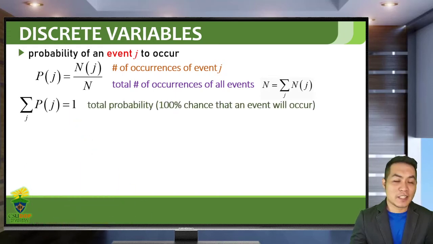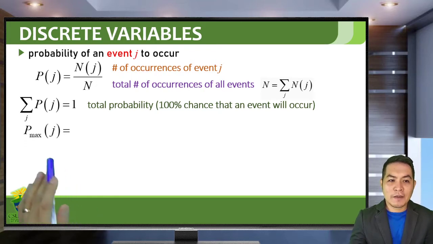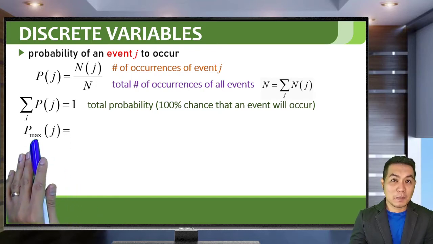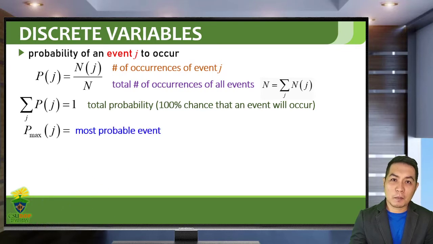So there's a 100% chance that an event will occur. The event with the maximum probability is what we call the most probable event. If you are to bet on which event is likely to occur, the safest bet is the most probable event, since it has the highest chance or probability of occurring.